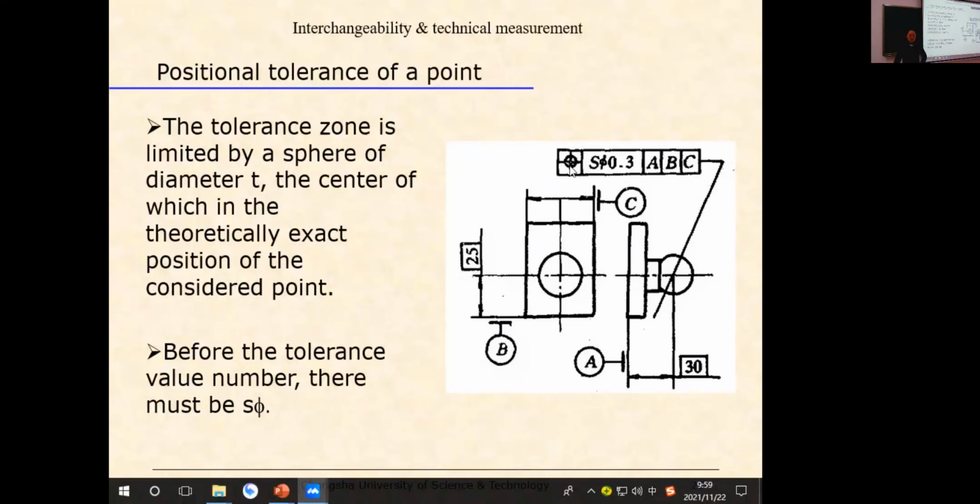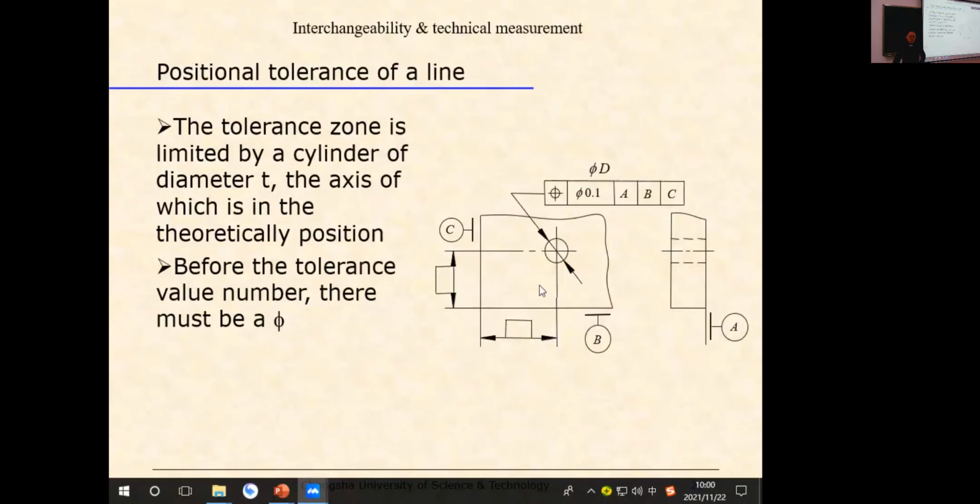And this position is a little confusing. You should simply try to understand how to learn this. And also the position tolerance of a line. The tolerance of position is limited by a cylinder of the diameter T, the axis of which is the theoretical position.